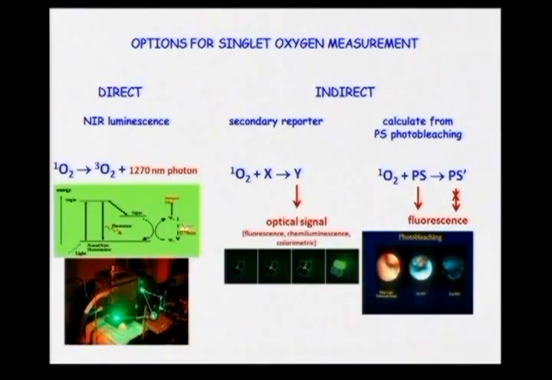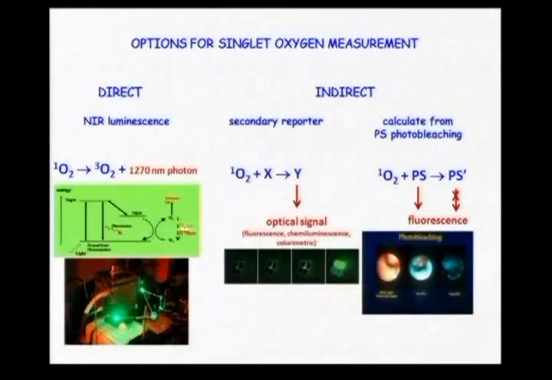And this just shows an example here. Here's a patient. This is in the lung. Here is the sensitizer fluorescence image before treatment. And after treatment, you see all of the photosensitizer has been bleached. And if we knew something about the photophysics of the sensitizer, maybe we could calculate how much singlet oxygen was actually generated.